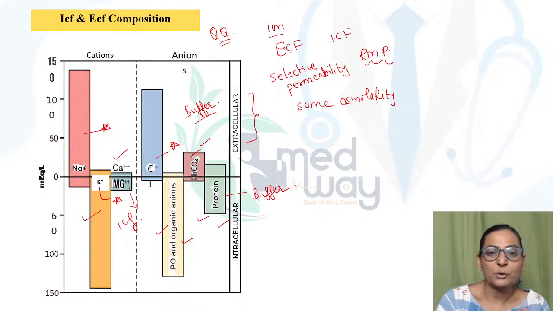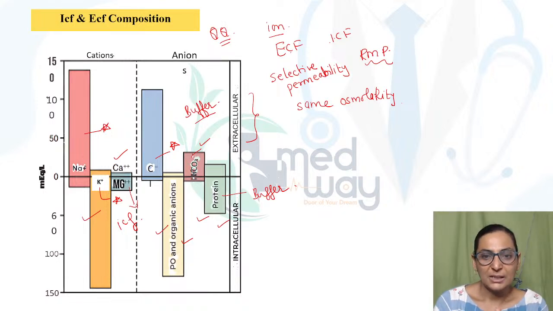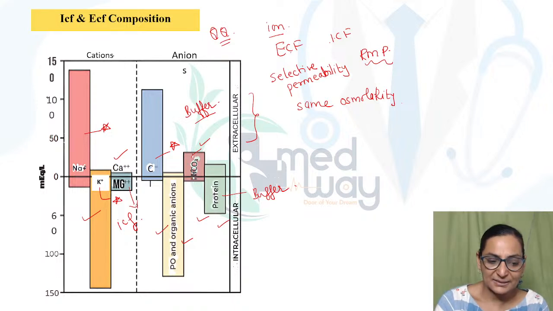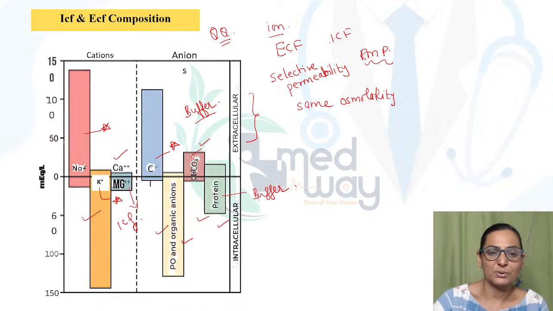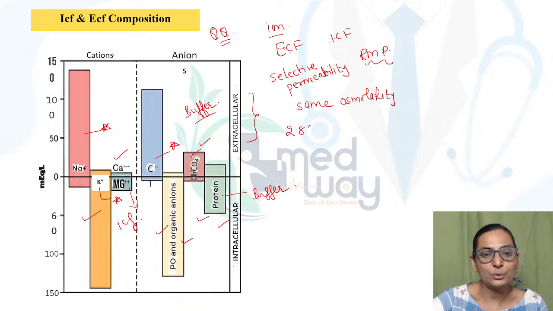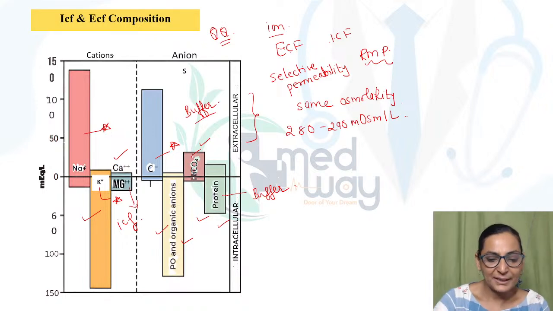There can be a shift of the movement of water from ECF to ICF or vice versa. This will never occur normally because both of them have the same osmolarity, which ranges between 280 to 290 milliosmoles per liter.